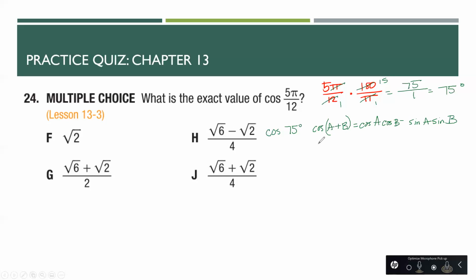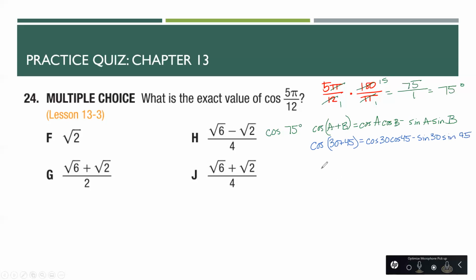For A and B, I'm using 30 and 45. So the cosine of 30 times the cosine of 45 minus sine of 30 times the sine of 45.